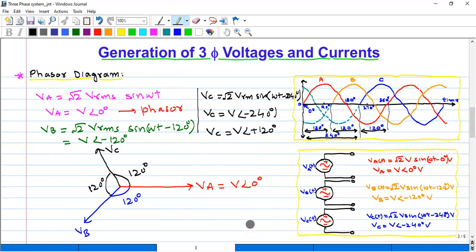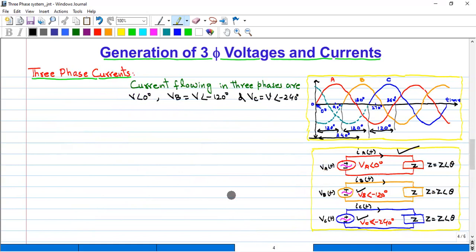So now we will discuss the equation of the three-phase currents. So as we know, this is the phasor of the phase A voltage, this is the phasor of phase B voltage, and this is the phasor of phase C voltage. In case of currents, the phases of the generator are connected to three identical loads.